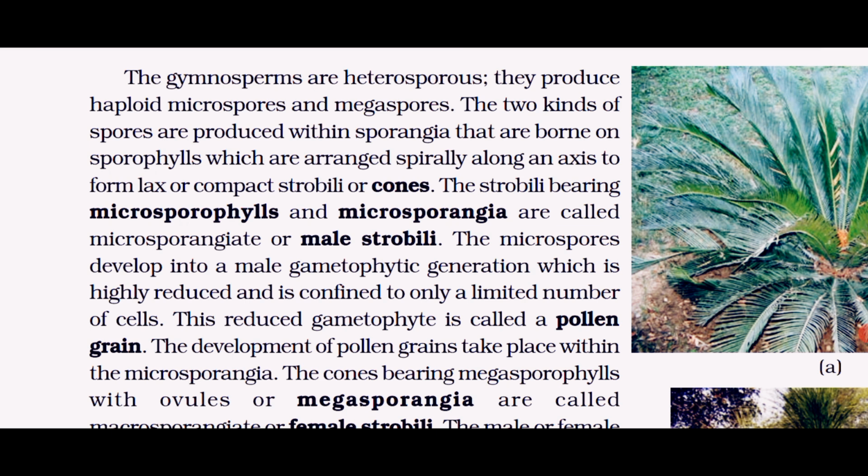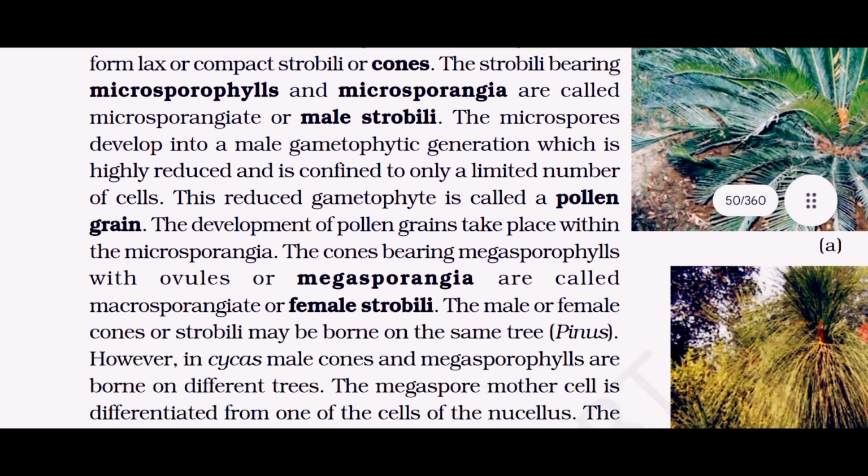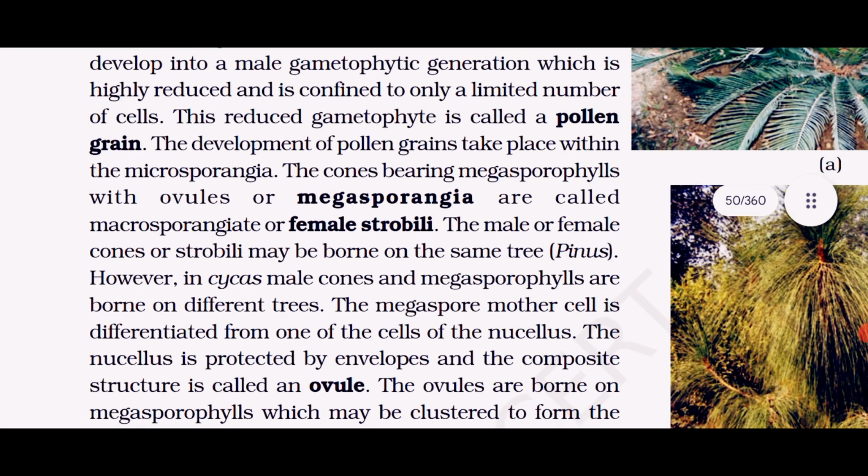This reduced gametophyte is called a pollen grain. The development of pollen grains takes place within the microsporangia. The cones bearing megasporophylls with ovules or megasporangia are called macrosporangiate or female strobili.